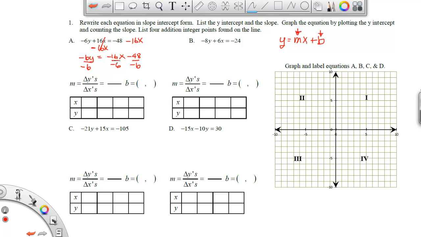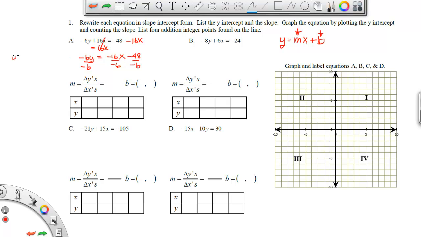And then we're going to simplify what we have left. So my final equation is a negative 16 divided by a negative 6. Well, the top divides by 2 and the bottom divides by 2. So that slope should be 8 over 3. Let me back up here a minute. Probably losing some of you.